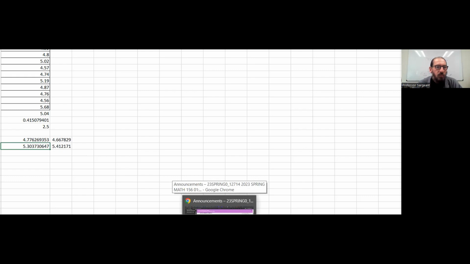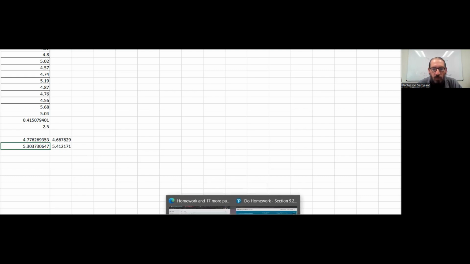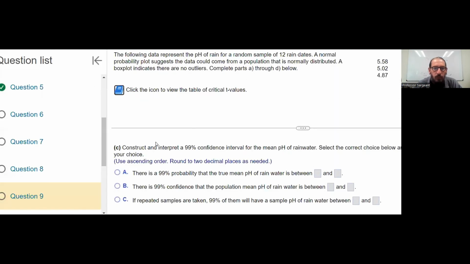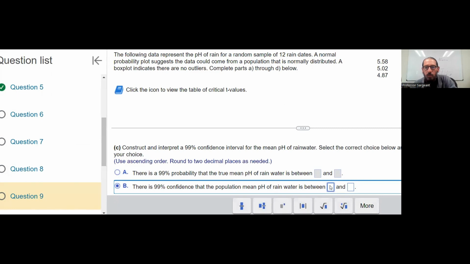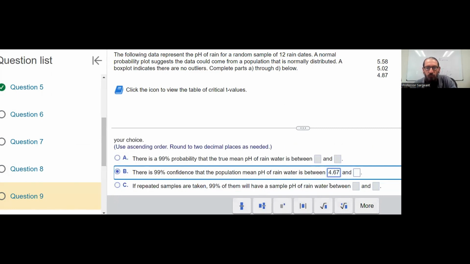If that's the case, that's going to be 4.67 and 5.41. The option I'm putting that under is that we have 99% confidence that mu would be between these two values. That's a short interpretation of what that confidence interval means.